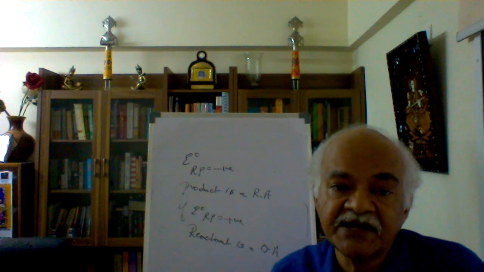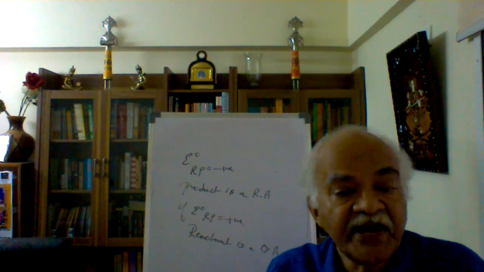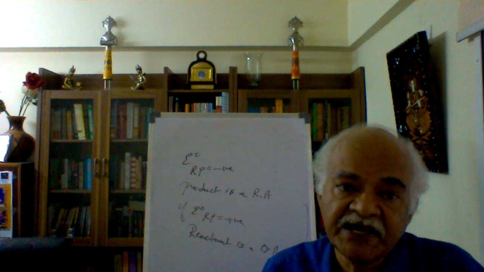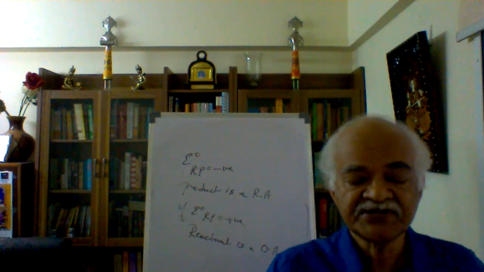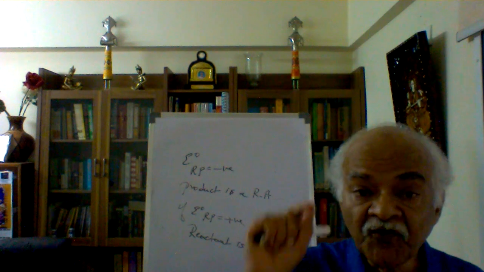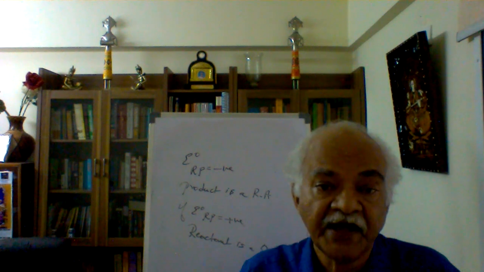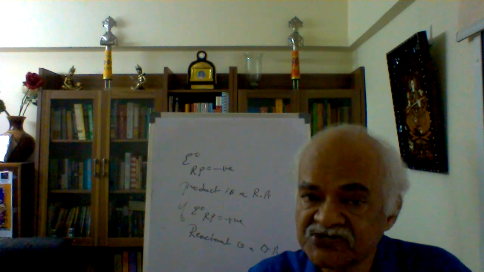Therefore, if you have a glance at the tabular form where we have arranged all the data concerning the half reactions, can't we identify which is reducing agent and which is oxidizing agent? Because as I told you earlier also, in a redox reaction, electrons are moving from reducing agent to oxidizing agent. Therefore, you must have a working knowledge about how to identify a reducing agent and an oxidizing agent.